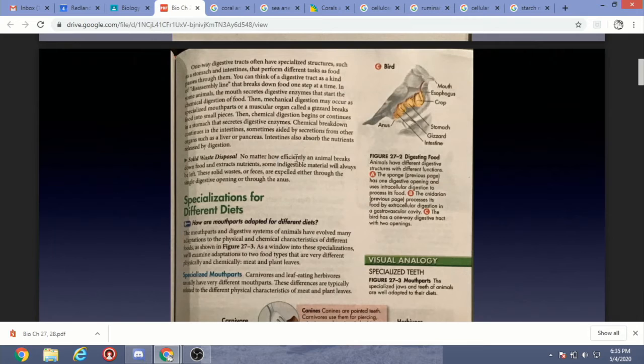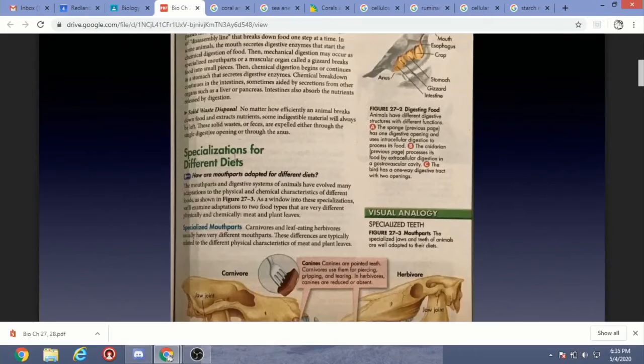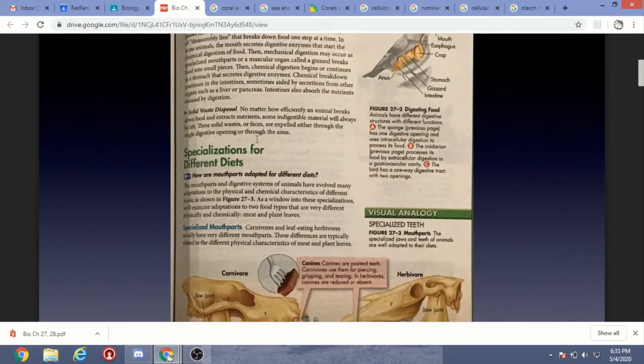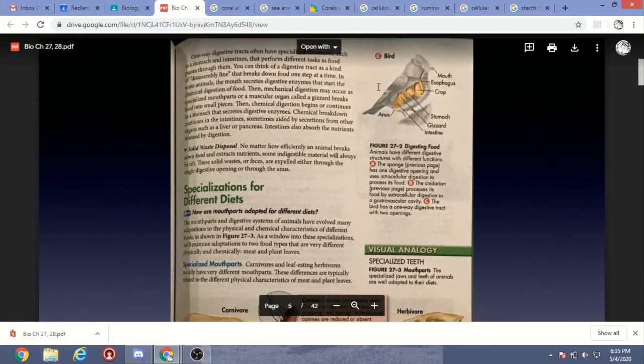And so no matter how efficiently an animal breaks down food and extracts nutrients, there's always going to be some indigestible material that will be left. And so that solid waste or feces is expelled through the single digestive opening or through the anus. So that's what's cool about having 2 openings.